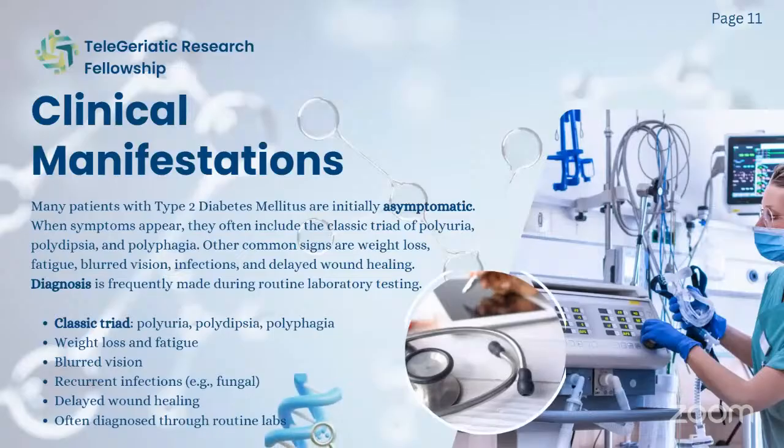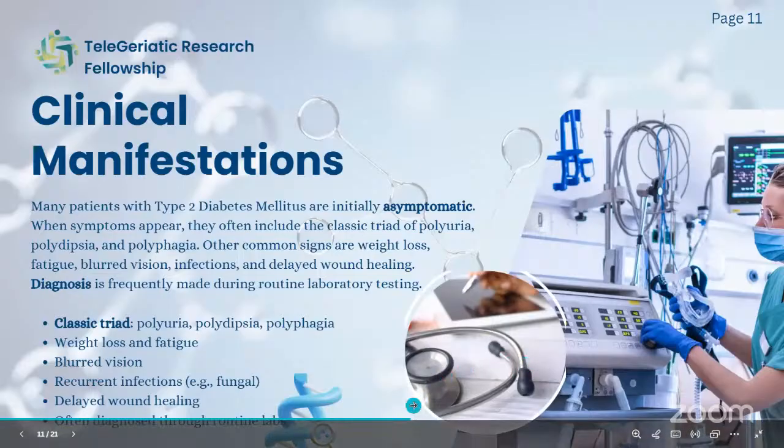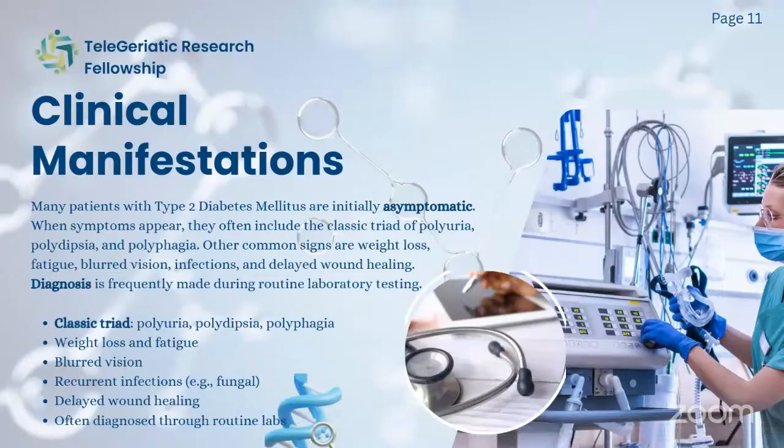Many patients with type 2 diabetes are initially asymptomatic. When symptoms appear, they often include the classic triad, which is polyuria, polydipsia, and polyphagia. Other common signs are weight loss, fatigue, blurred vision, infection, and delayed wound healing. Diagnosis is frequently made during routine laboratory testing.